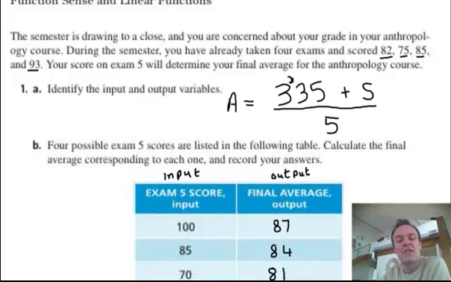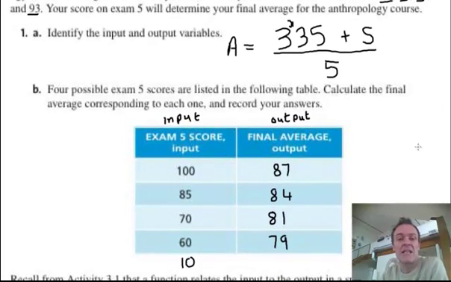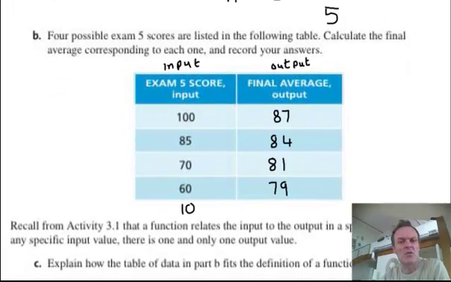I've filled in some of the table already. If I put 100 into here, so again, I've got 335 already, I add 100, that'll be 435 points, divide by 5, the 5 tests, it'll give me an average of 87. I've stuck an extra one on the bottom, so let's get the calculator up and have a look.